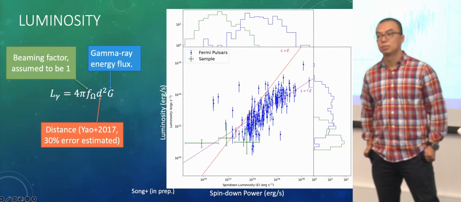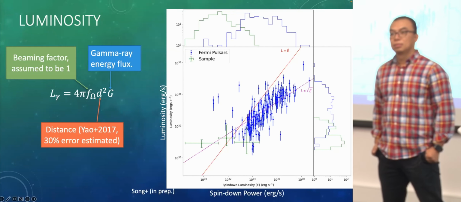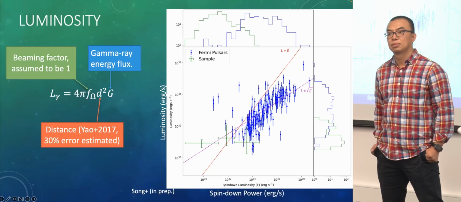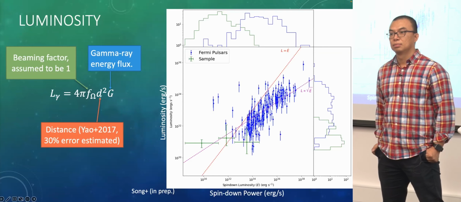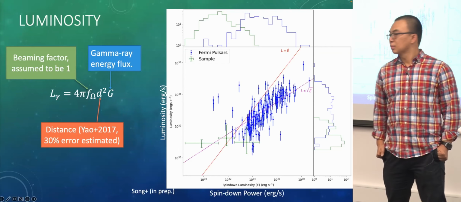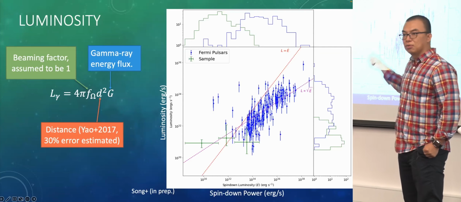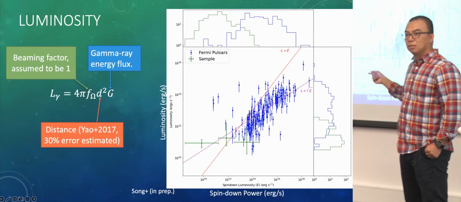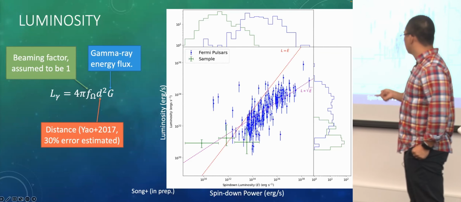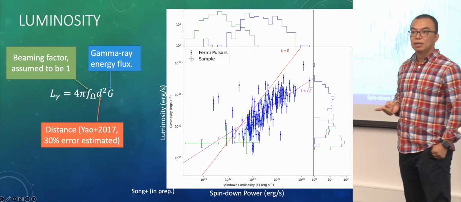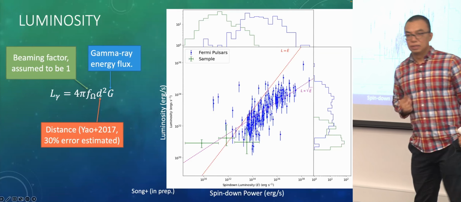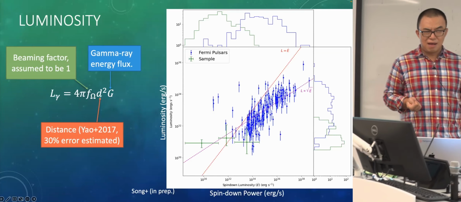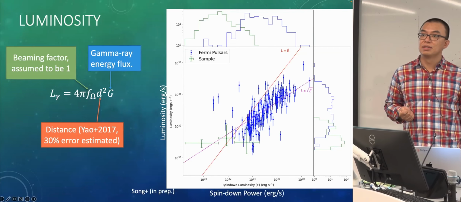My question was, are all your gamma ray pulsars single, or did you choose any that were in binaries? Do you mean for this or for COMPAS? For this, well, for the observation. For the observation, it's a mix of everything. So you do have binaries as well? It does have less than a handful of binaries. Okay.